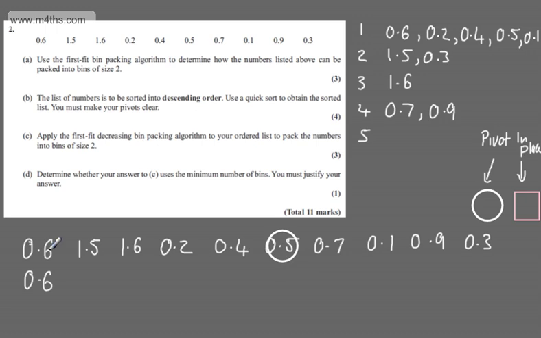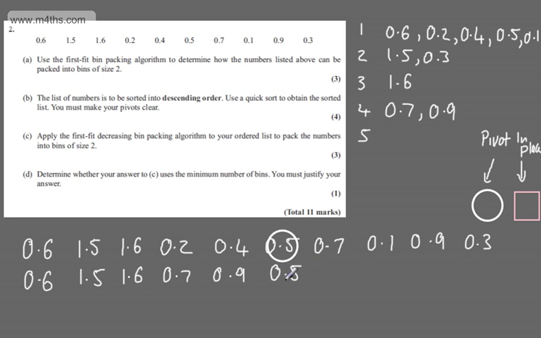So our largest number should be at the front, our smallest number should be at the back or the end. 1.5 certainly is, 1.6 certainly is, 0.2 isn't, 0.4 isn't, 0.7 is, 0.1 isn't, 0.9 is, and 0.3 isn't. That means that I can now put the 0.5 here.